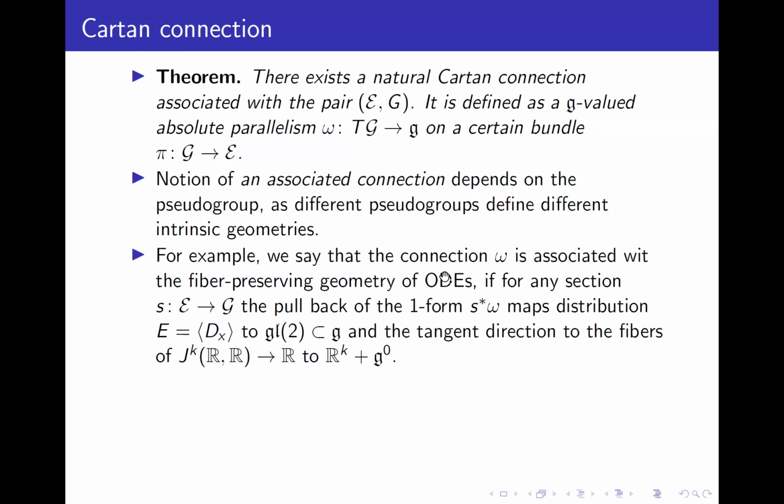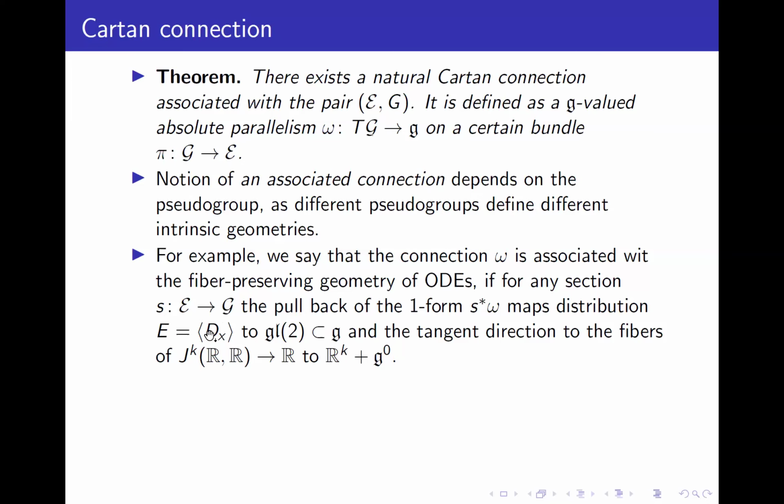So let's see what it means that a connection omega is associated with a fiber-preserving geometry. To define this association, we need to do it as follows. We take any section of this bundle and take a pullback of the one form to our equation.